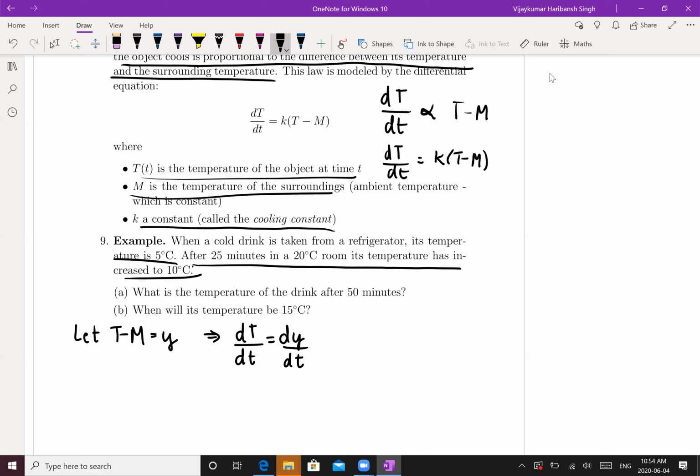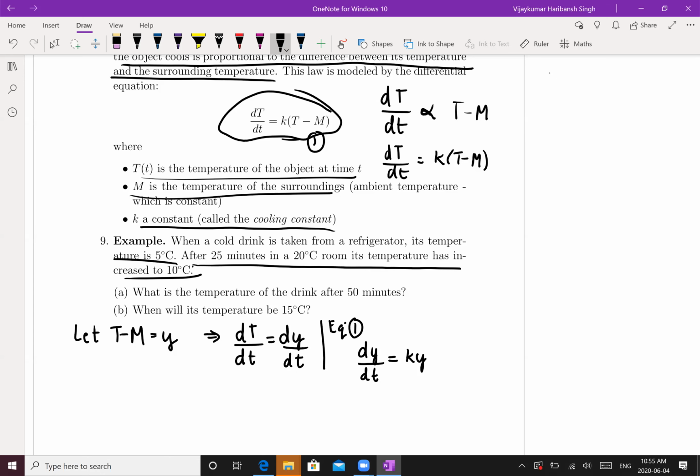So equation 1 is then given by, instead of dT by dt, I'll write dy by dt equals k times y. So now what did you do? You reduced your unknown equation into something which you can solve, right?